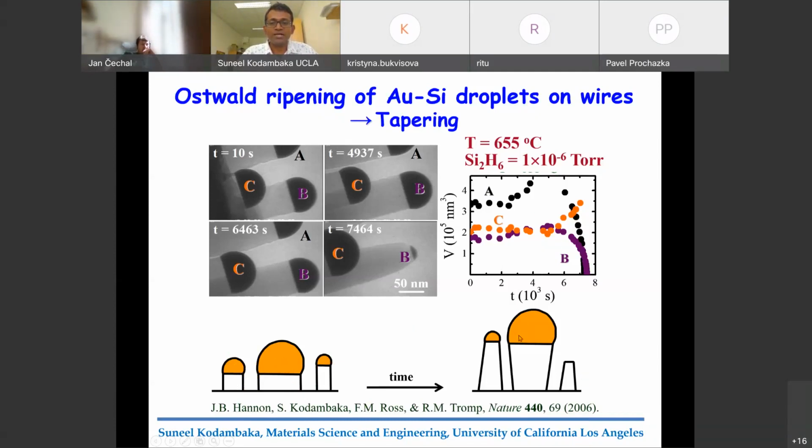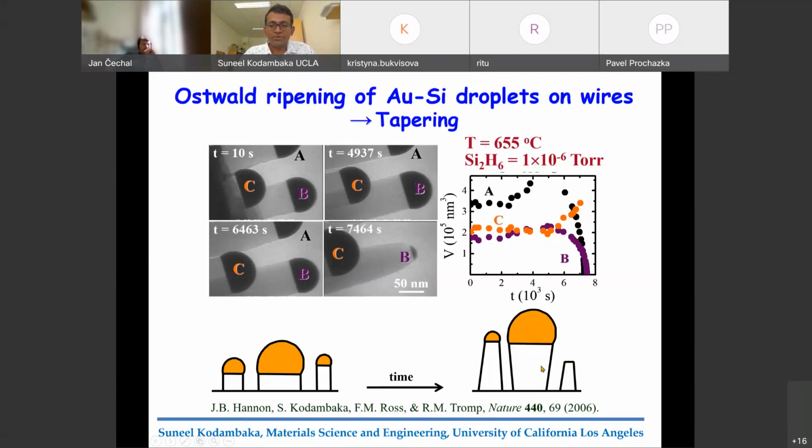So the larger diameter droplets get bigger with increasing time, and the smaller droplet diameters decrease with time, and eventually they disappear. Those that do not have any droplets stop the vertical growth because now it's direct simple vapor solid deposition, and so those growth rates are significantly smaller.